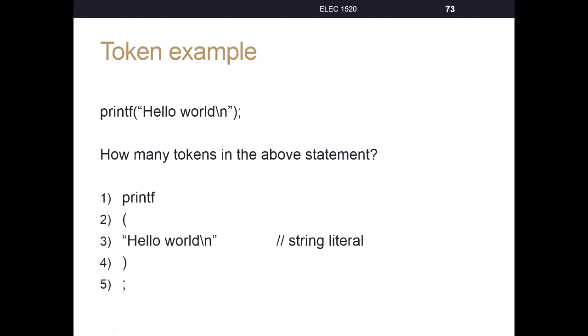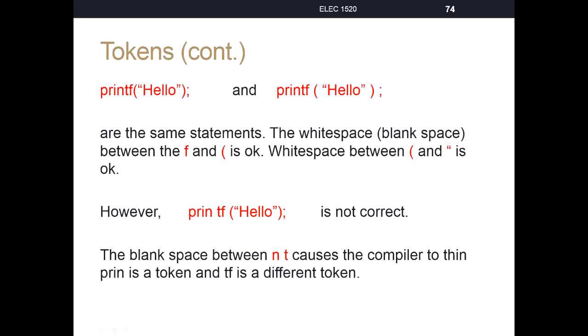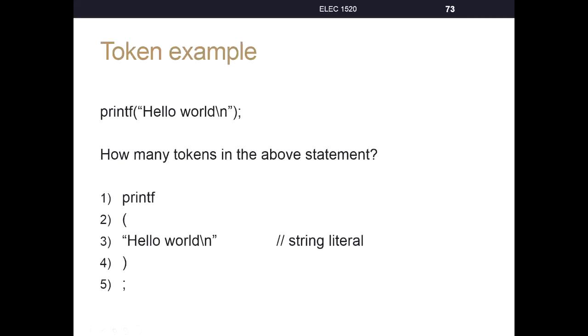So hello world, the string literal, is a third token. The fourth token is the right parenthesis. The fifth token is the semicolon, letting the compiler know that's the end of a statement. Then the compiler can put these tokens together and recognize that this is a function call.